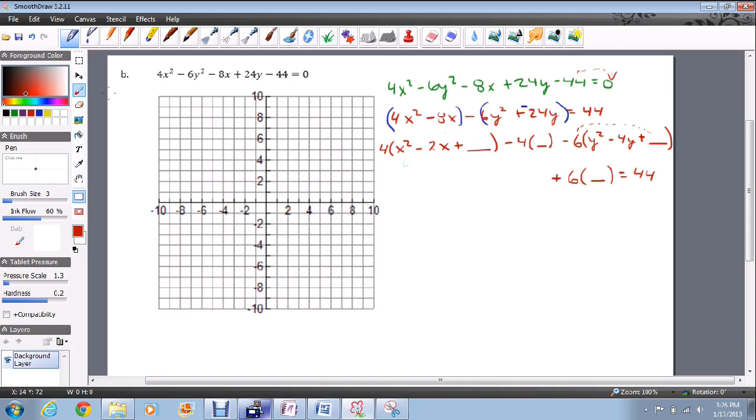So make sure you change that sign on the outside. So continuing from here, I want to complete my square. Half of negative 2 is negative 1. Negative 1 squared is positive 1. Half of negative 4 is negative 2. Negative 2 squared is positive 4.